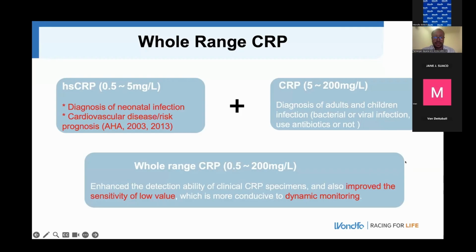Again, for the whole range CRP, there is no such significant variation in the ranges we take, but it starts as low as 0.5 milligram per dL for the normal category. So it enhances our ability to detect any infectious presentations, and the sensitivity is quite good. The problem is when it comes to its specificity.